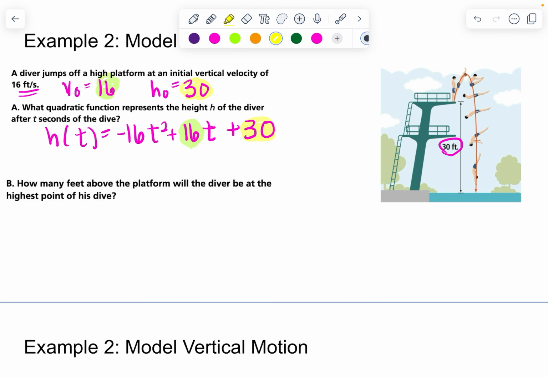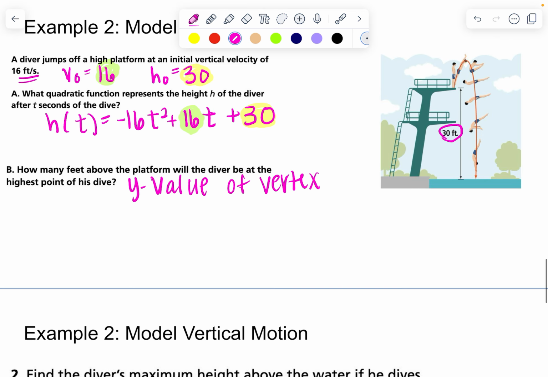How many feet above the platform will the diver be at his highest point? So again, that is the y value of the vertex, which means we need to find the vertex. So looking back at our equation, a is negative 16, b is 16, c is 30.